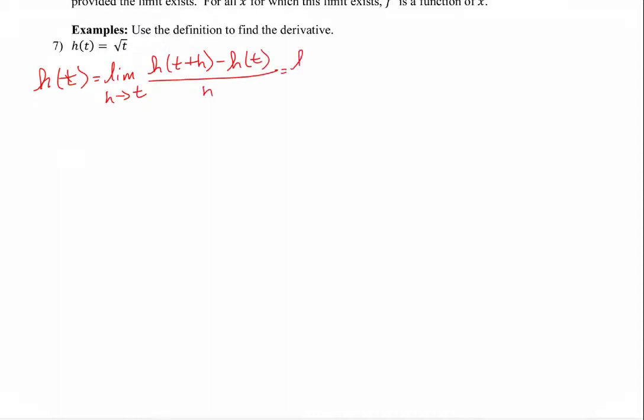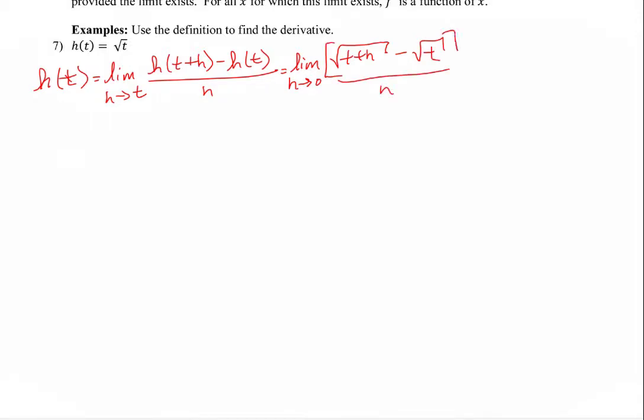And the way we write this here is we're going to put the t plus h under the radical, minus the square root of t, all over h.